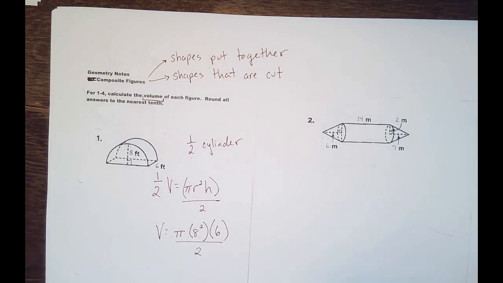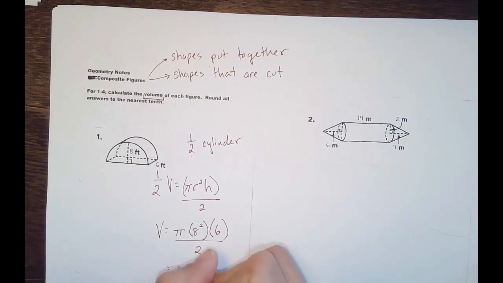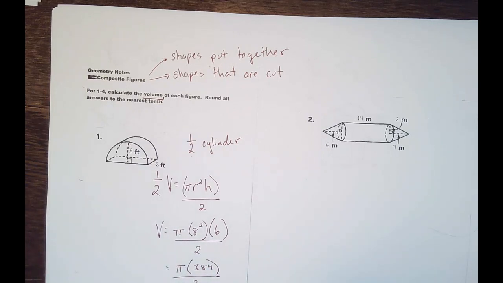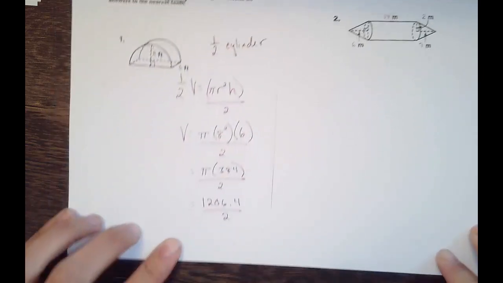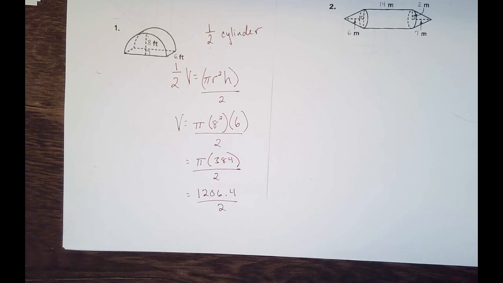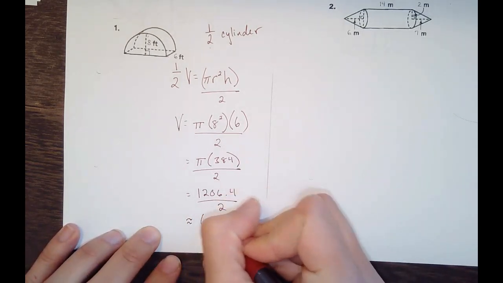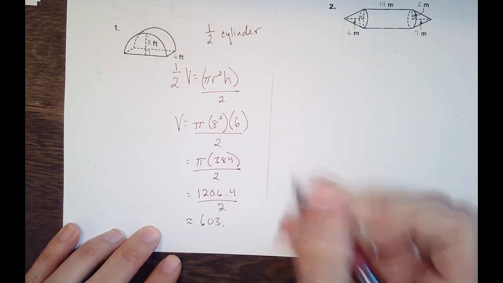So we have pi times 384, all divided by 2. 8 squared times 6 gives us 1206.4, divided by 2, and we get 603.2 in its volume, so that's going to be feet cubed.